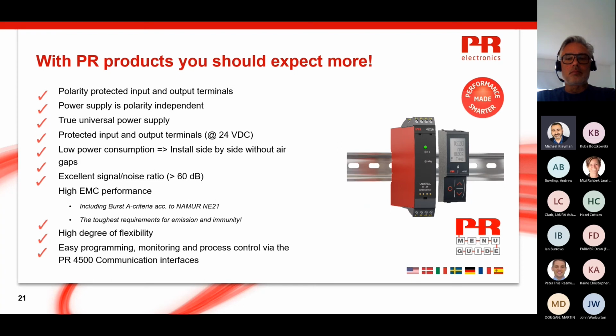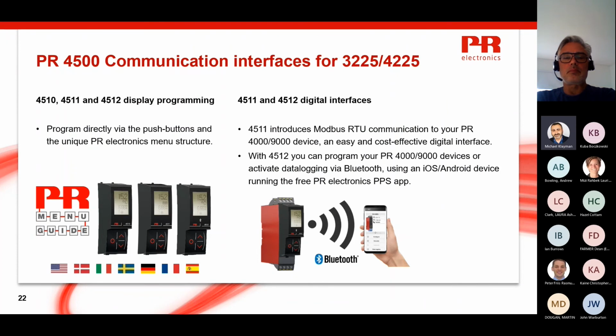The 3225 and 4225 can also take advantage of the 4500 series of displays, which makes displaying the process and programming simple and easy. The PR4500 series is the market's most intuitive display for programming, monitoring, and diagnostics. These communications interfaces provide intuitive display programming of the PR3225 and 4225 frequency converters.